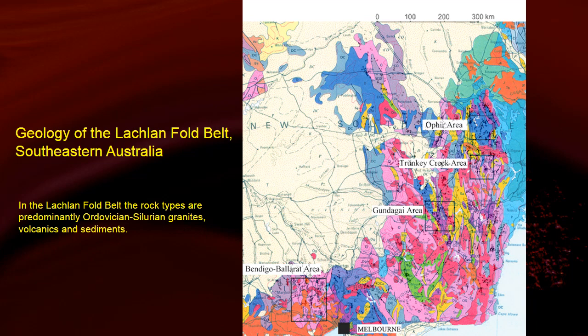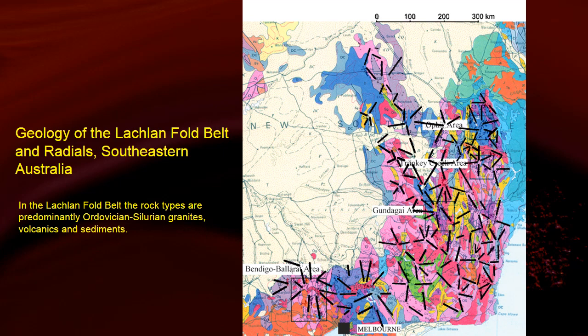Geology of the Lachlan Fold Belt, southeastern Australia. The rock types are predominantly Ordovician, Silurian granites, volcanics, and sediments. The geology and the spatial distribution of the radial patterns.